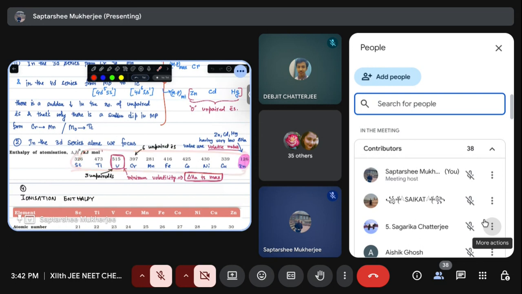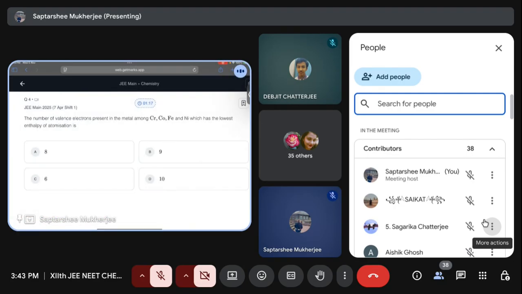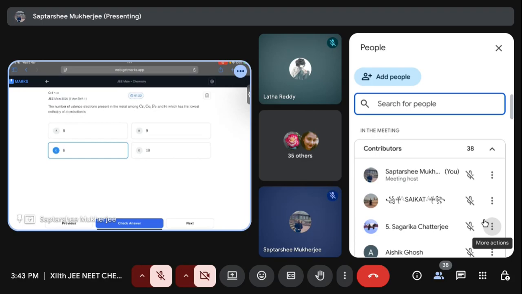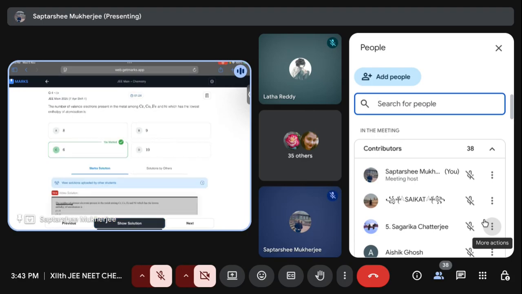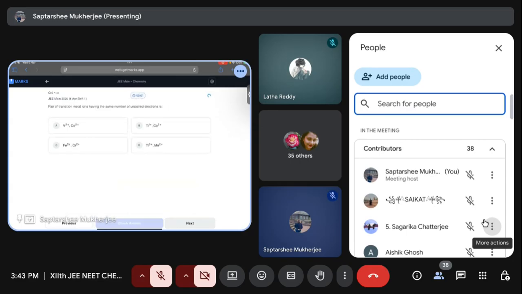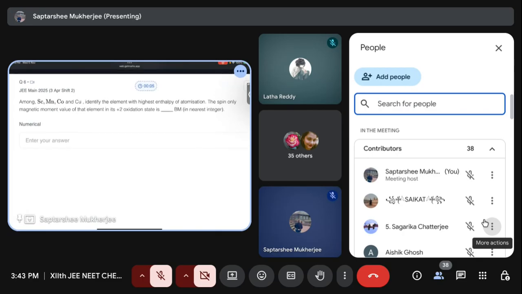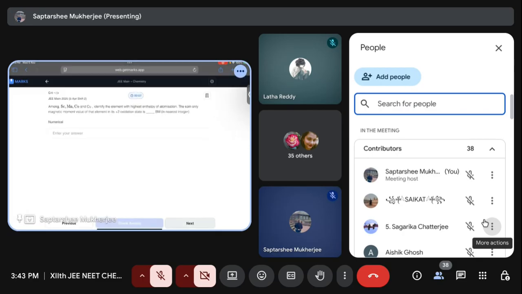It is very much likely you will make a mistake. Everyone will make a mistake. Technically they are talking about chromium. So the number of valence electrons is 6: 3d5, 4s1. Okay. Similar question.